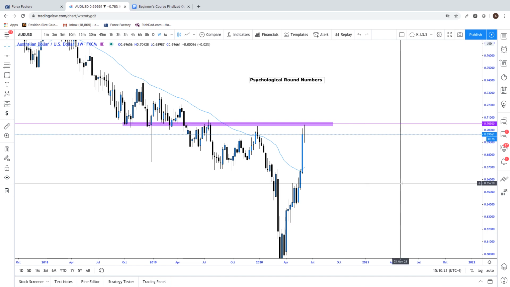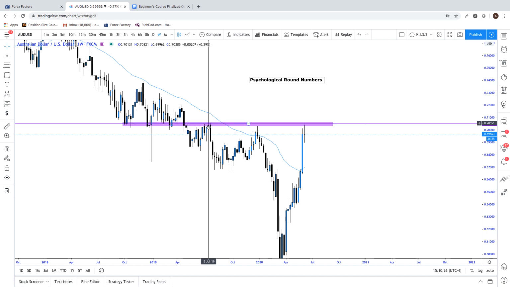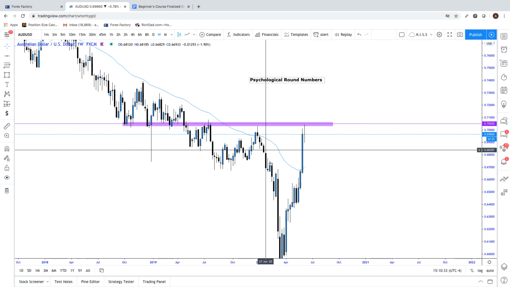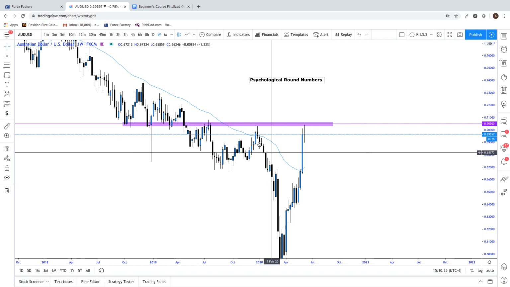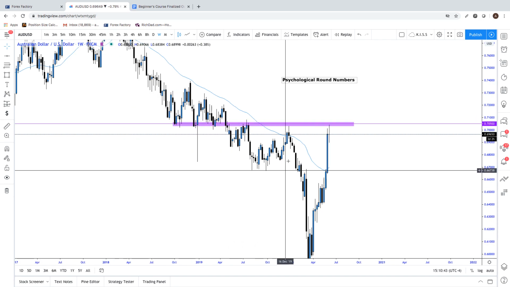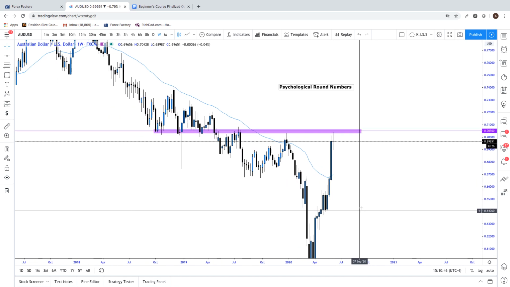Okay? So oftentimes, like we see here, price comes into the zone around 0.7050. Bulk orders enter the market and we sell off. Same deal here. We sell off. Okay? So that is where their orders sit. The big boys, the big banks, the ones with lots of money, that is where their orders sit.